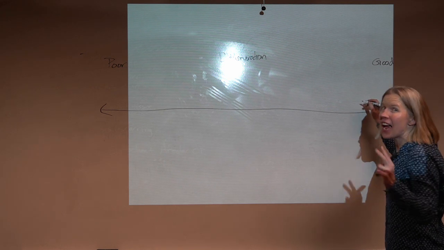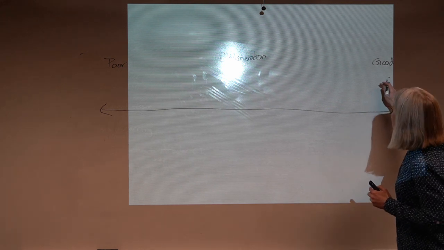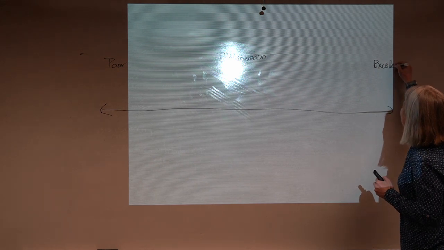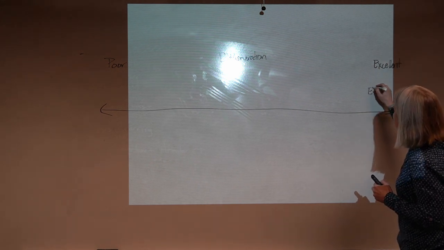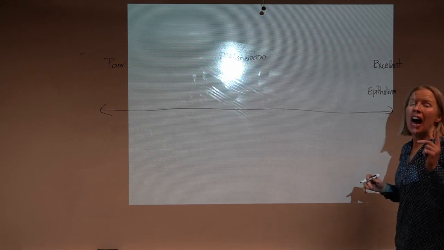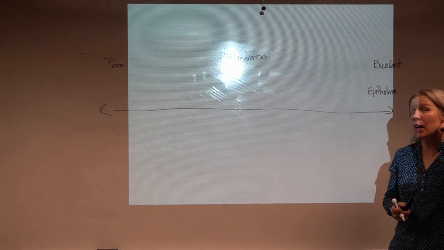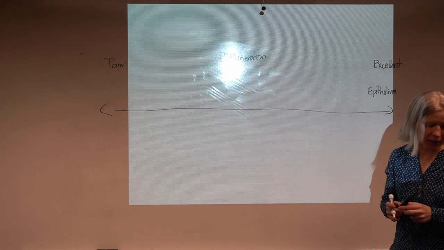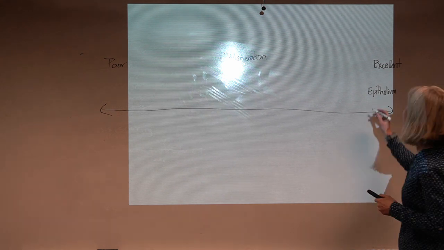Like excellent regenerators, maybe I shouldn't even do good, let's do excellent. Epithelium, right? Highly, it has a ton of stem cells, it can undergo a lot of mitosis, it's very good at replacing those damaged cells with more cells.